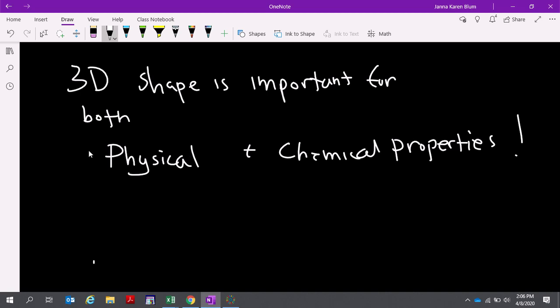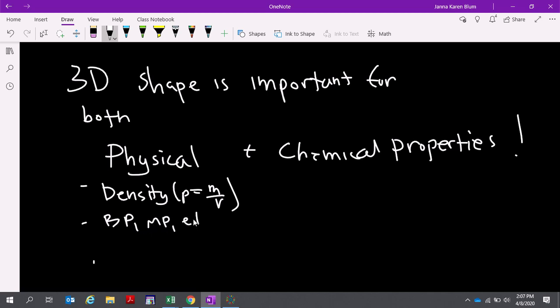And when we talk about physical properties, we can be talking about things like density. Remember, density equals mass over volume. We can talk about phase change, boiling point, melting point, things like that. We can also talk about solubility.